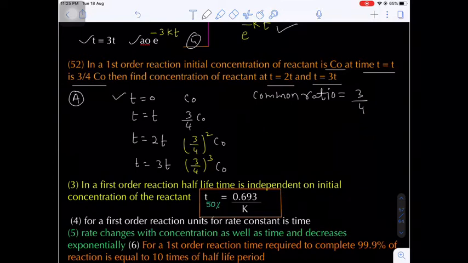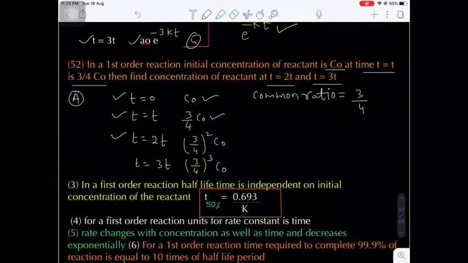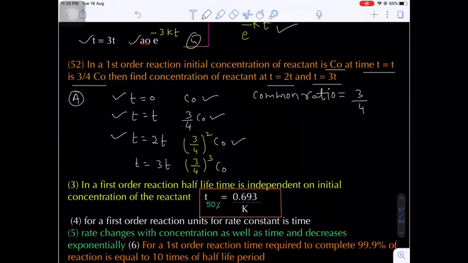Initially at time 0, the concentration of reactant is C0. At time t, the concentration is given as 3 by 4 times C0. When the time interval is 2t, the concentration of reactant will be in the GP, that means 3 by 4 whole square into C0.